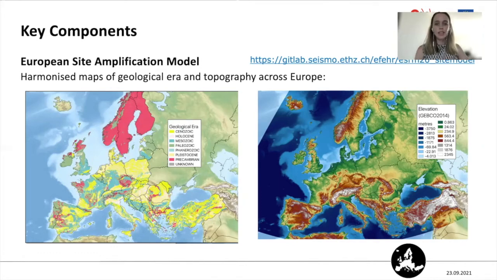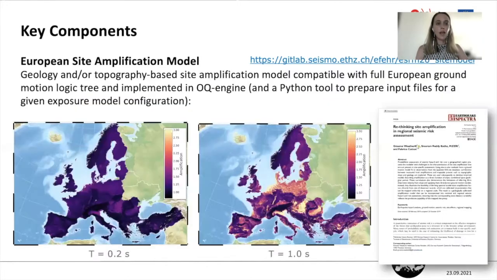So these data sets have been collected, and they are directly inputs to calculate site amplification in the ground motion model. And this is just examples of what the site amplification values look like at 0.2 seconds and 1 second across Europe. And we have also developed tools to allow people to easily create the site amplification model input files for the OpenQuake engine using those input data sets, and they're available again at this repository.